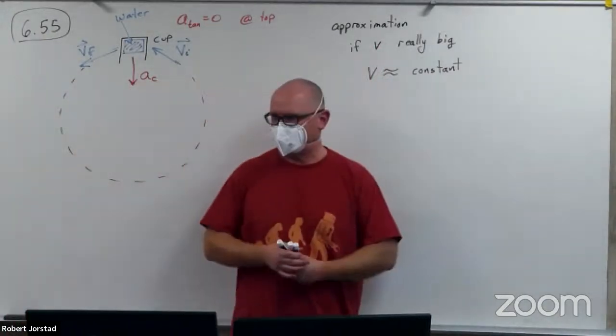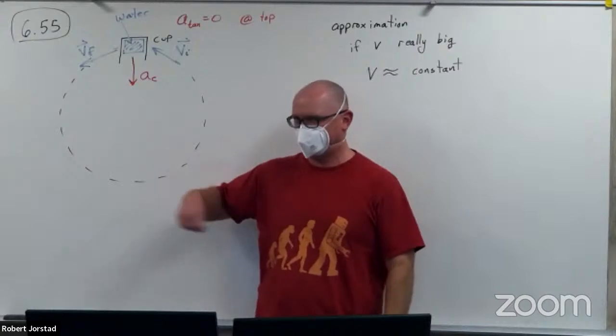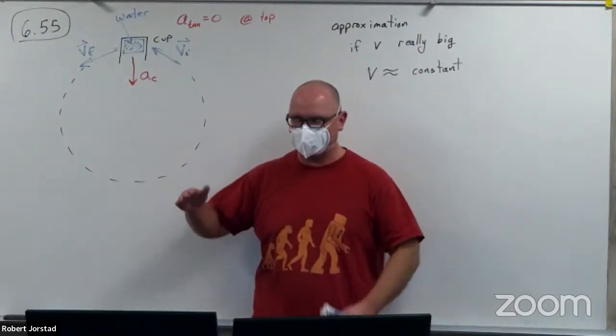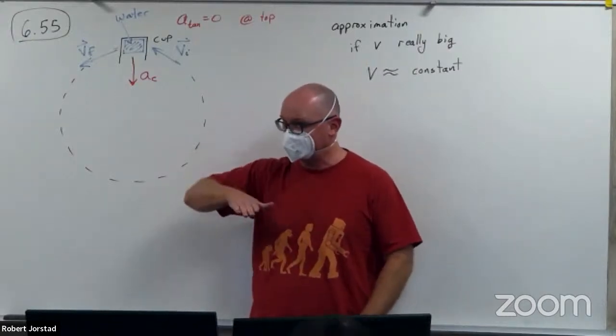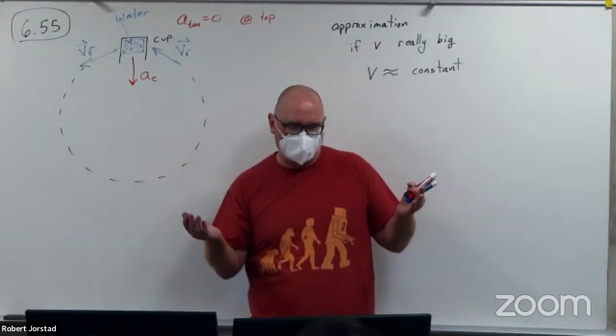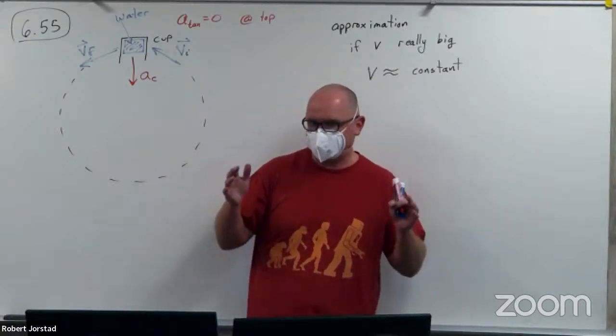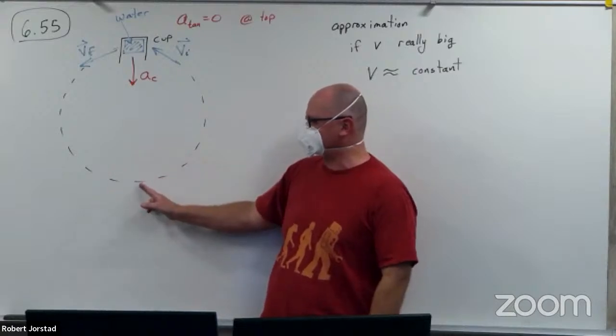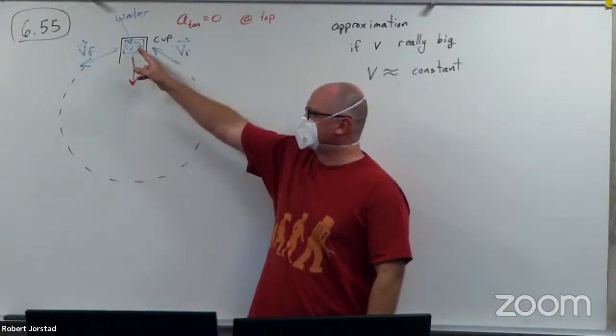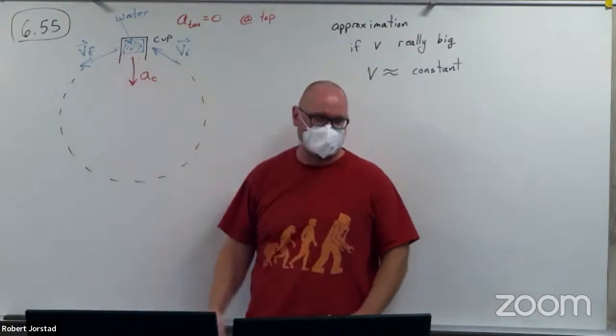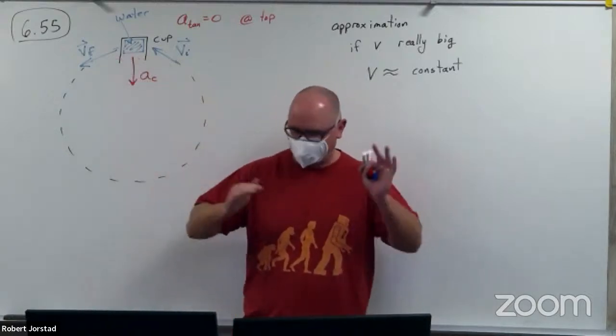If V is really big, if you're spinning this thing fast enough, it's going to speed up and slow down a little bit on the way up and down, but maybe in the third sig fig. So it's approximate, like let's say the speed is 5.6 at the bottom and 5.0 at the top. Okay, it's not constant, but it's approximately constant.